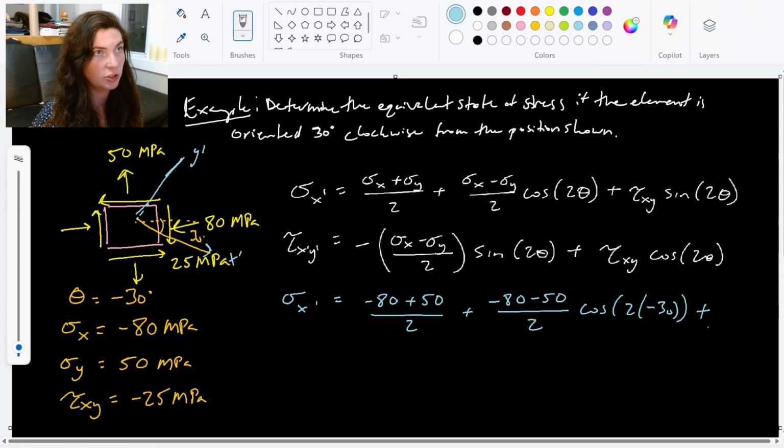Very important that we make sure we put this in negative even though our equation up here has a plus sign. Negative 25 times sine of 2 times negative 30, so negative 60.